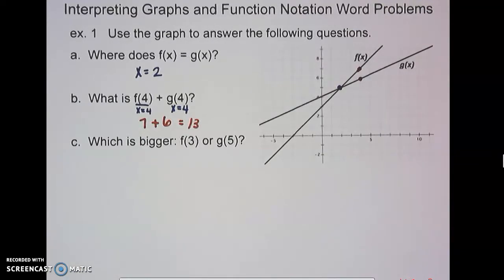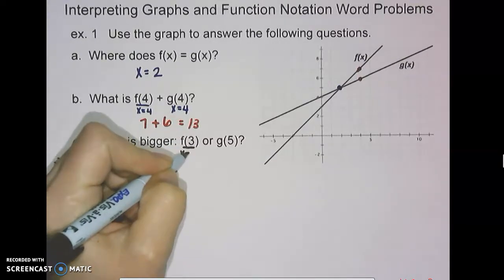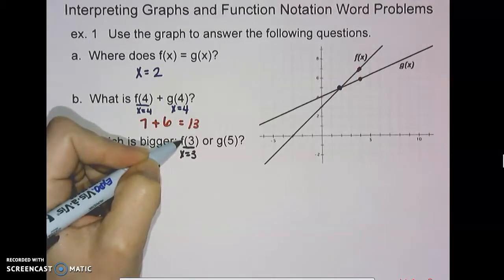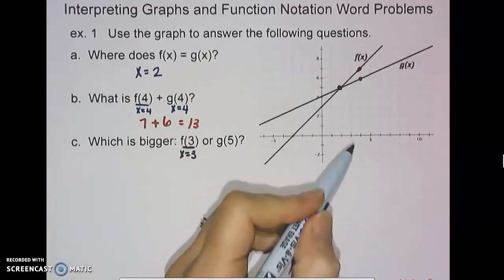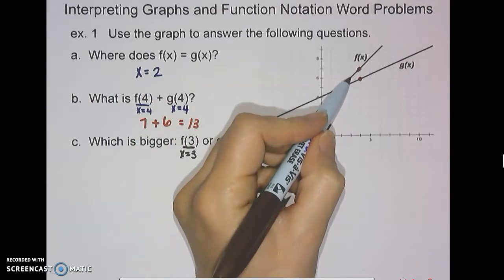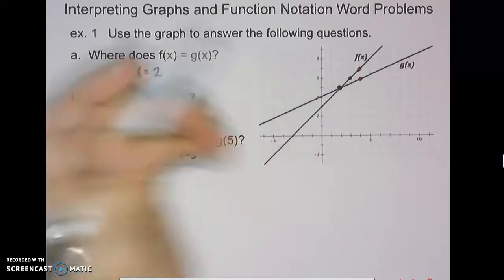The last part for this one says, which is bigger, f of 3 or g of 5? So since we have f of 3, this means x equals 3 in the f of x function. Okay, so we're going over to 3, and this top line is our f of x function. So that is 6.